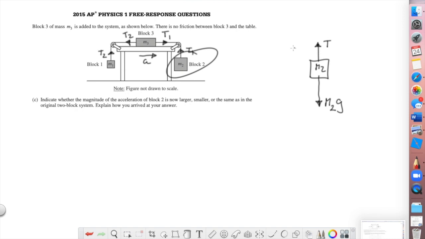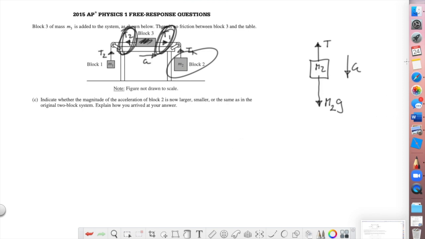And the reason I know that is because in order for block number 3 to accelerate to the right, this tension must be greater than that tension. So the tension acting on block 2 is now greater than it was in the original situation. And if this tension is greater, the downward acceleration of M2 must be smaller.